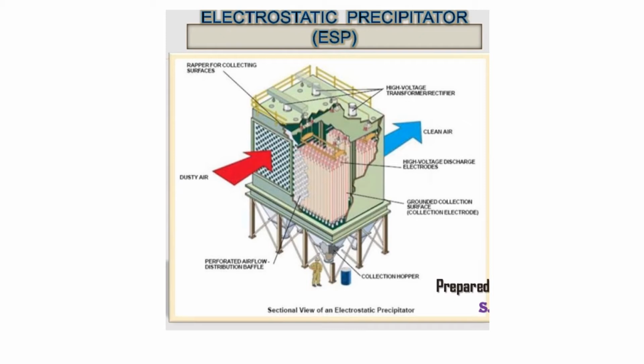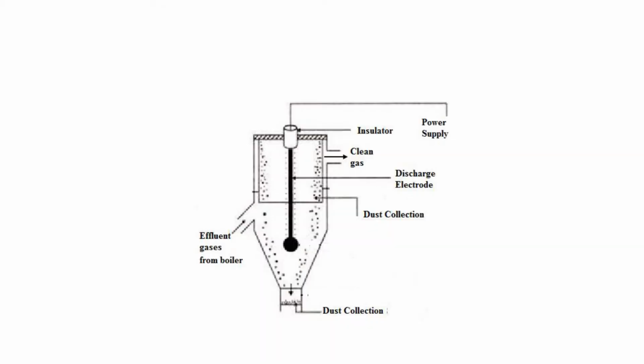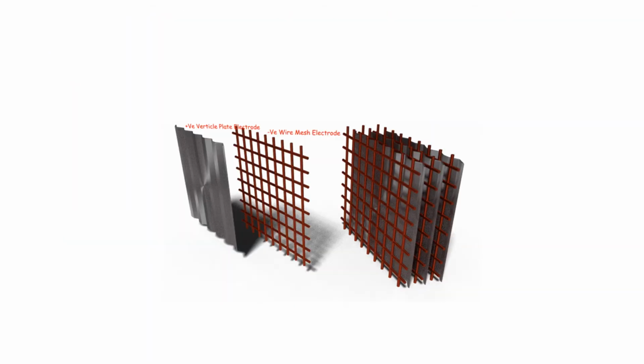The important point is what we have to understand here. If you look at this diagram, we can have more idea. The positive electrode is in the form of a plate, whereas the negative electrode is in the form of wire mesh. These are kept alternately and connected with high voltage DC, nearly 30 to 60,000 volt.